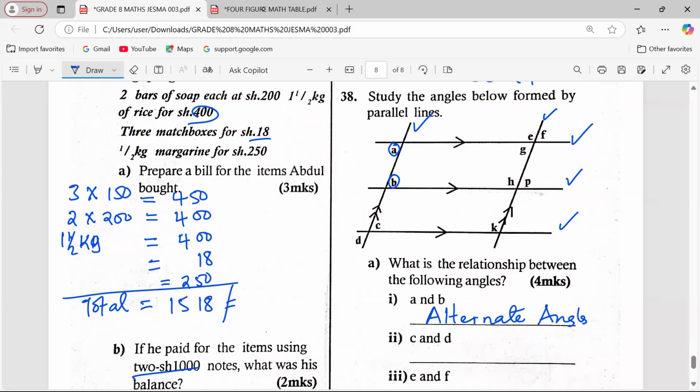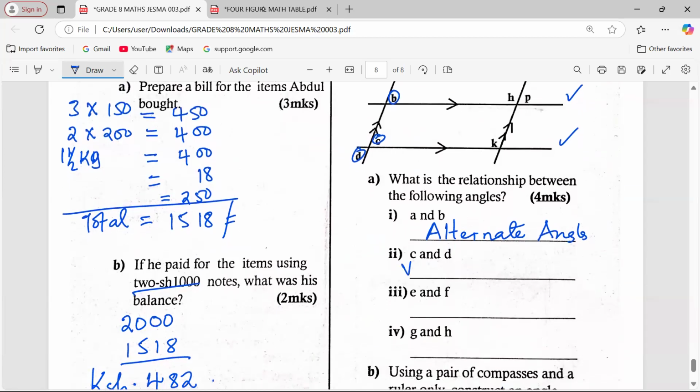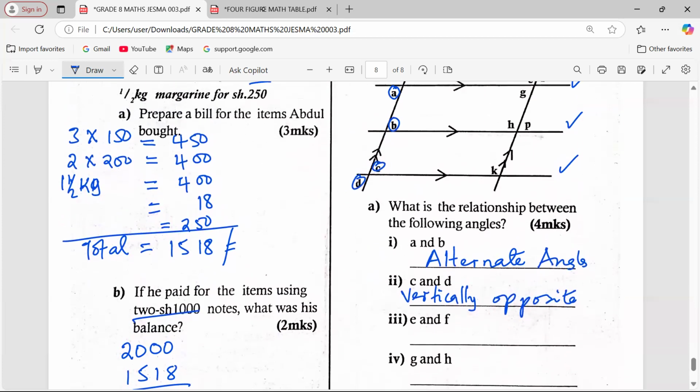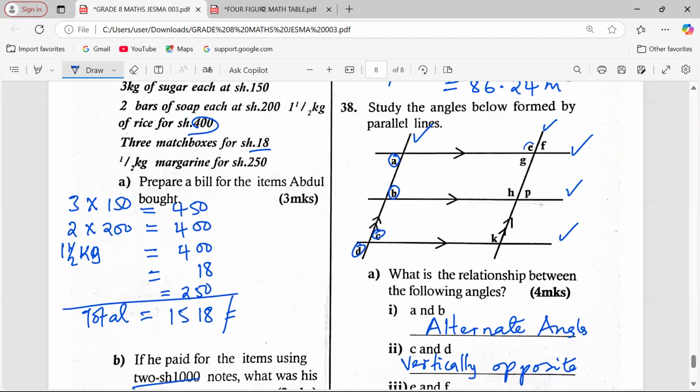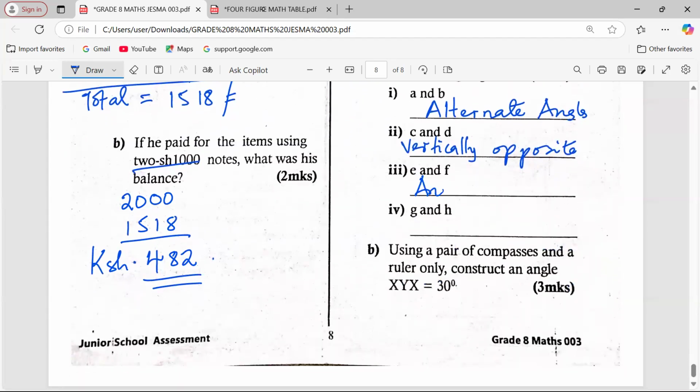C and D. So C is here, D is here. These ones are called vertically opposite angles. Then we have E and F. These are angles on a line.